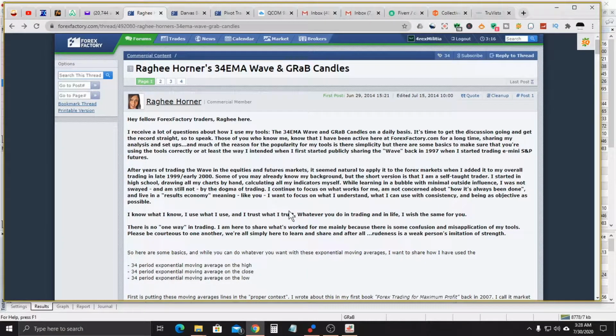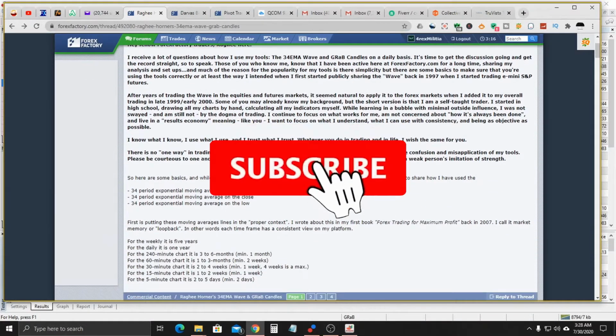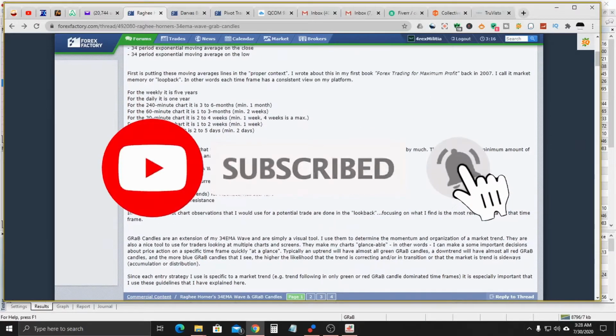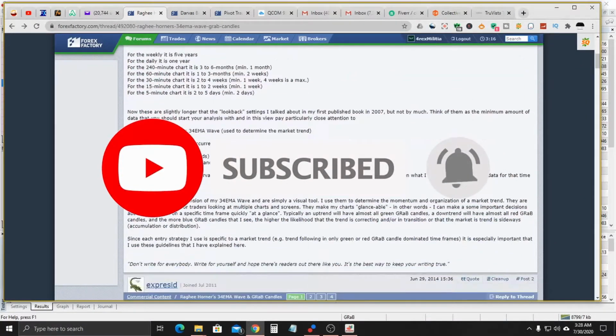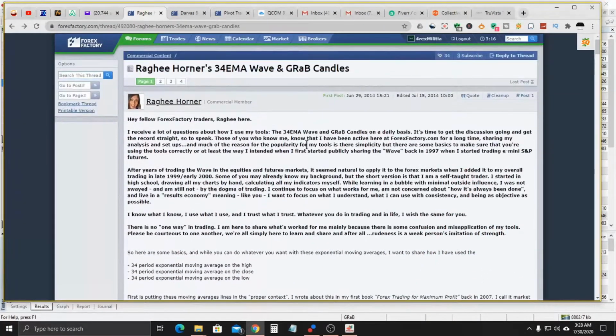I am now starting with Raghee Horner's 34 EMA wave and GRaB candles. Her basic strategy is a trend trading strategy, and it has a baseline and then some candles that look like this.